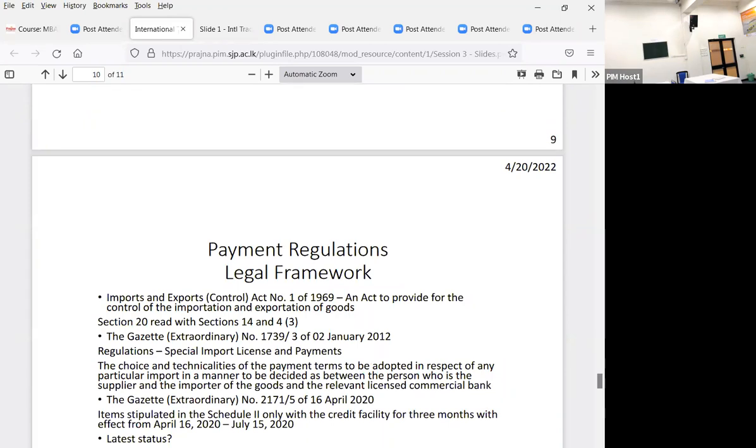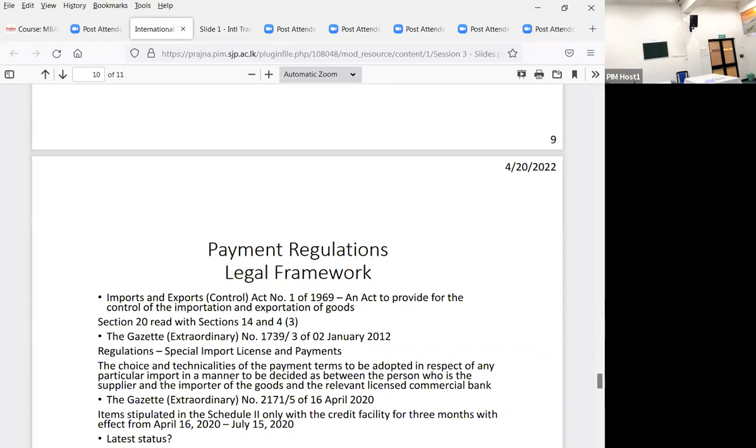Right. Now we'll come to the next topic, payment terms. We were supposed to discuss this last time, but because we were running here and there, we couldn't manage the time. Right. Payment terms.